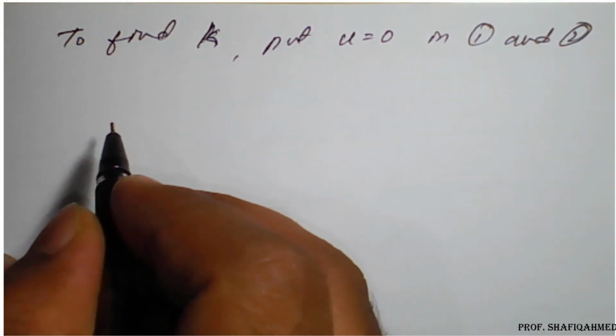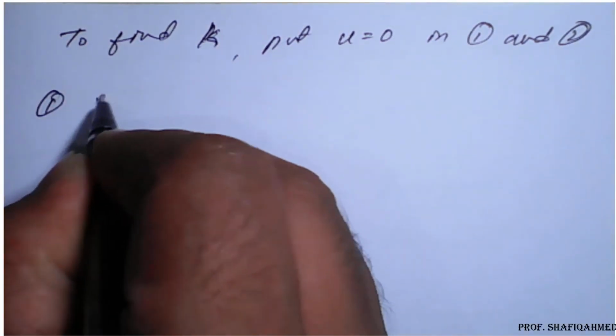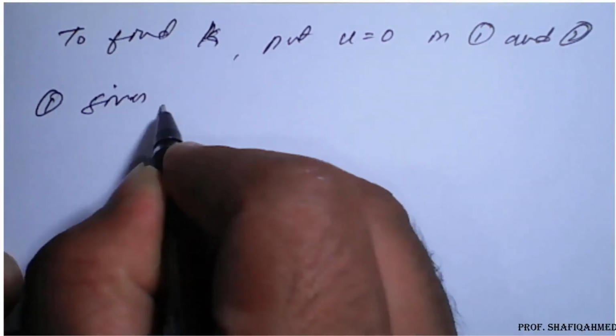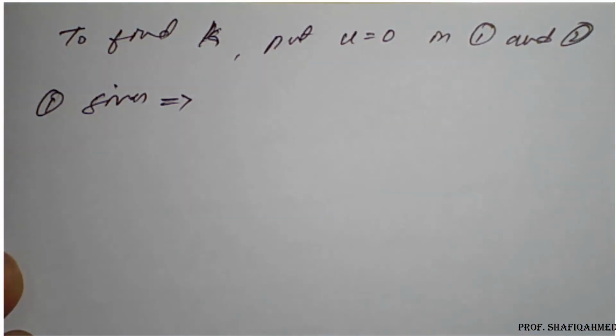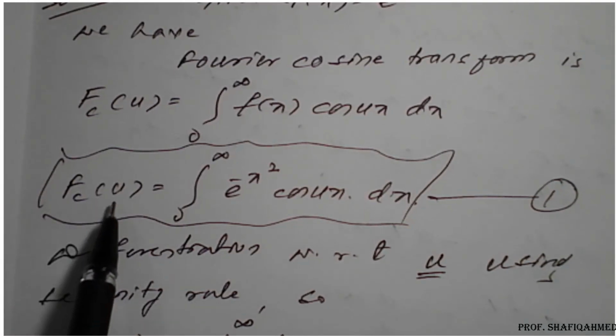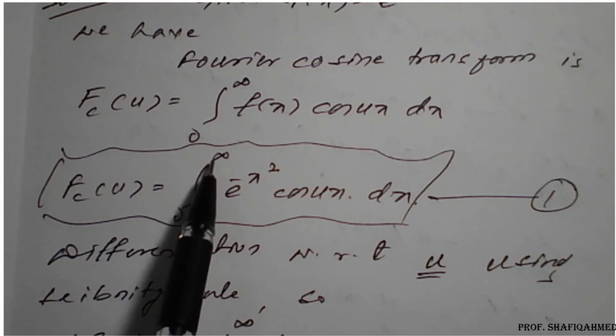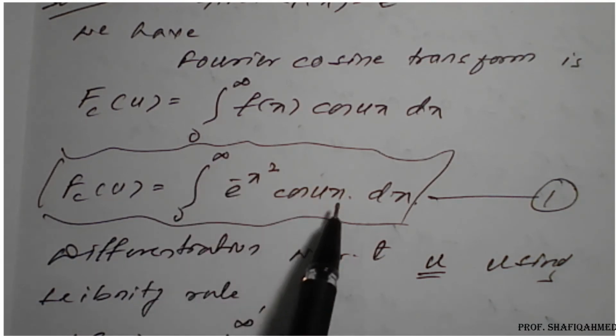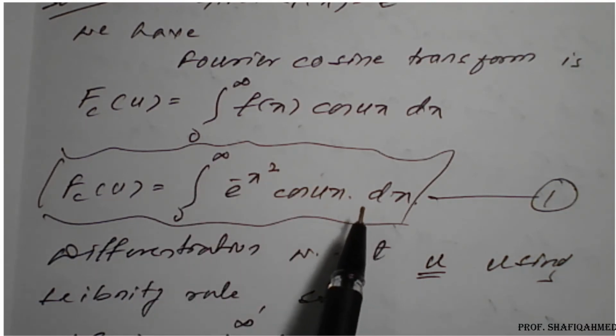If you put it in 1, it gives, so what is 1? We'll go back now. 1 is f_c(u) is equal to integral 0 to infinity e raised to minus x square cos of ux into dx. So what are we putting? Put u is equal to 0.